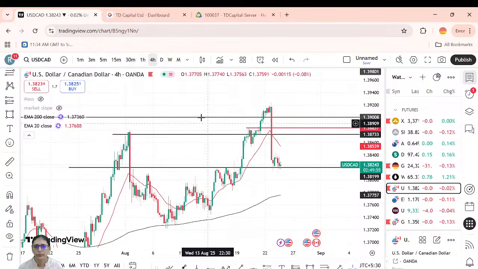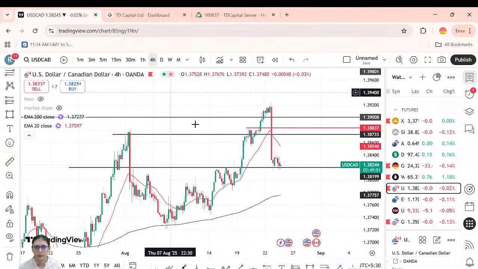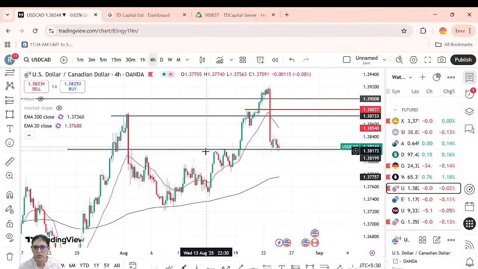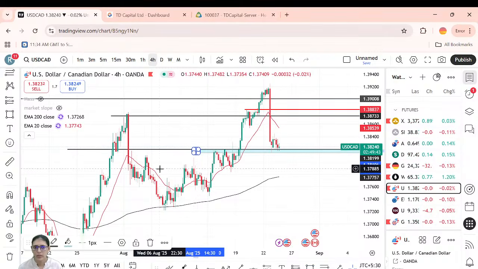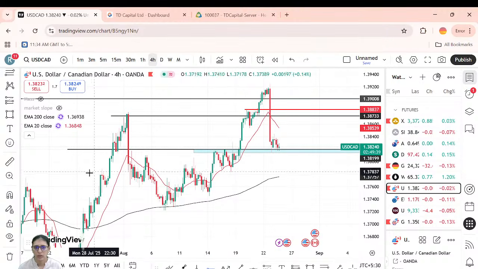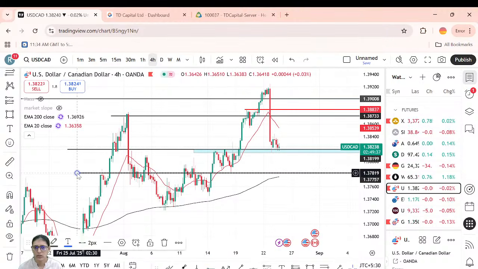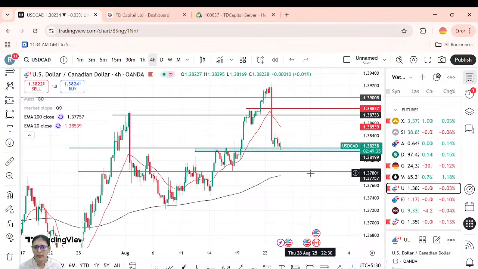If you get a breakdown of this zone, you can expect your target at least till here.